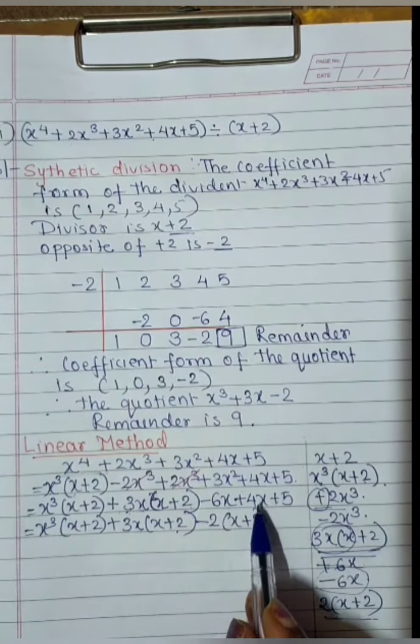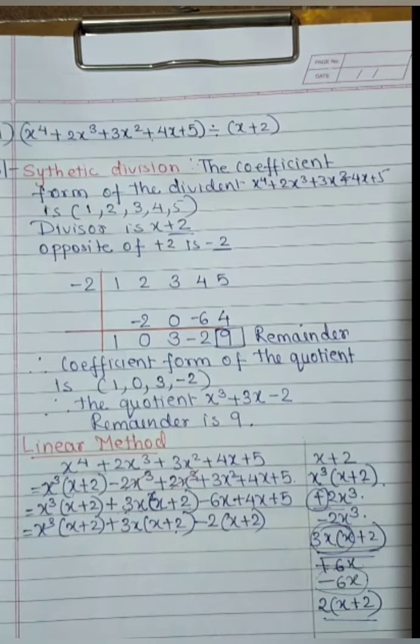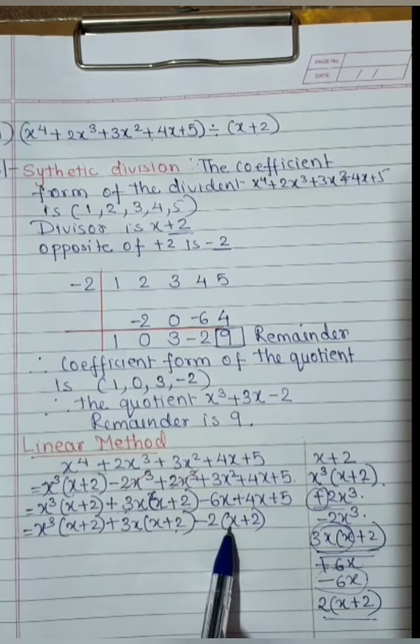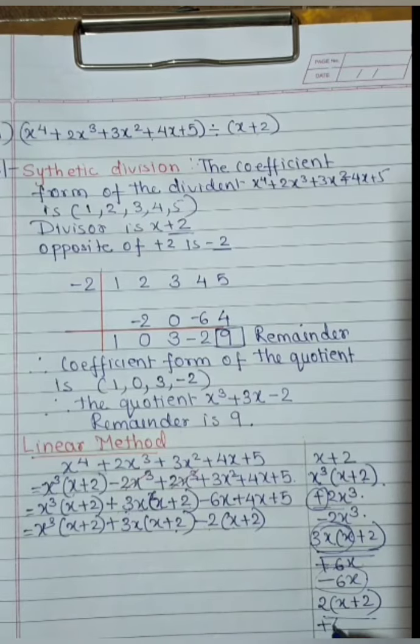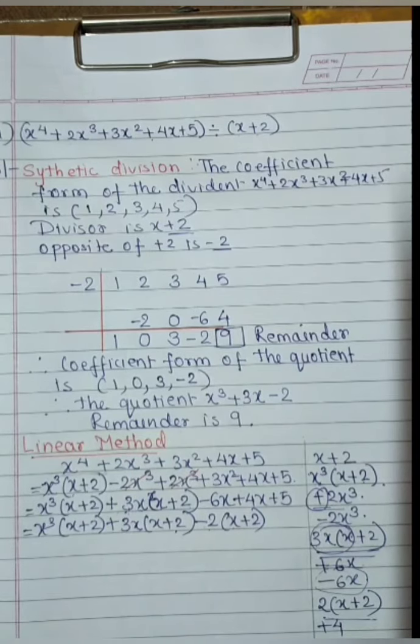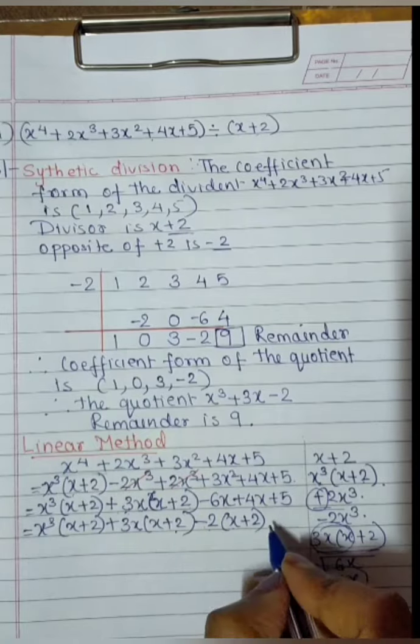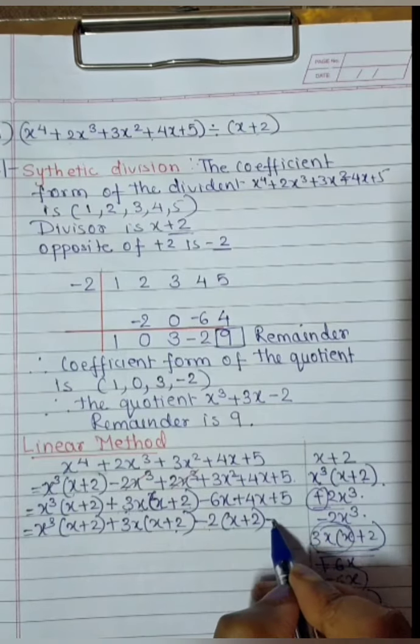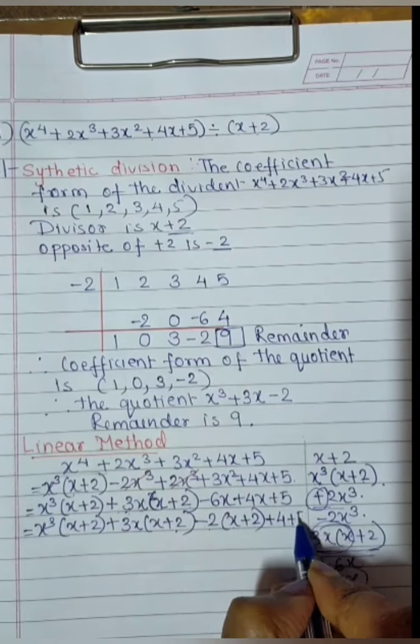And when we multiply 2 into x we will get 2x, and 2 2s is what? Plus 4, okay. So I am writing here plus 4 and plus 5.